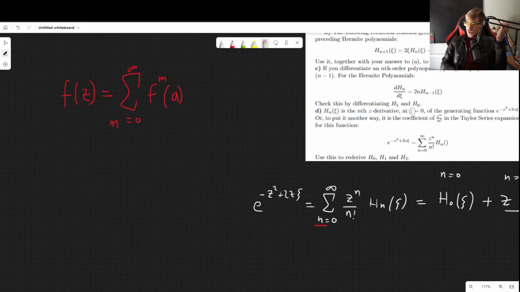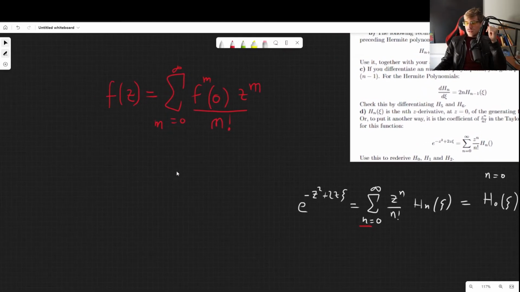In this case, we are being told that it is at z equals 0, so a is 0. But in general, of course, it could be anything. So we are dealing with the Maclaurin series here. And then we multiply this by z minus a, but again, z is 0, a is 0, sorry. So that means that we get z to the m, and this thing divided by m factorial.